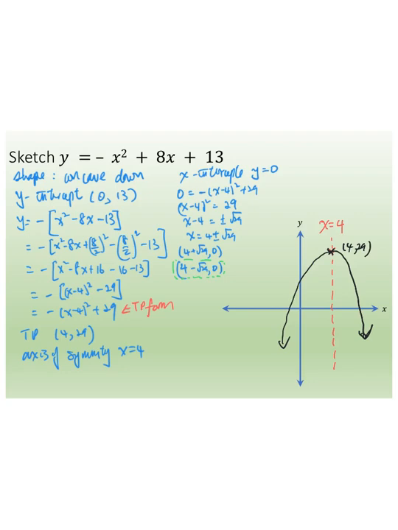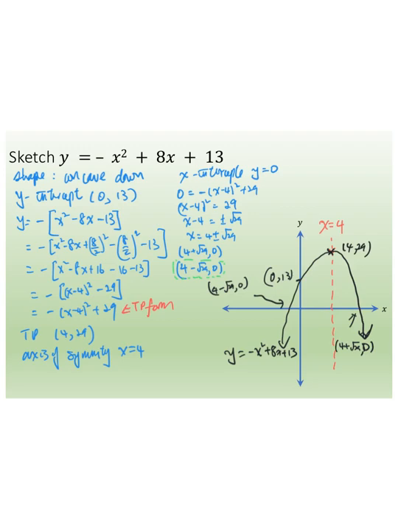So here would be (0, 13). This point here is (4 minus square root of 29, 0). And this point here is (4 plus square root of 29, 0). And the equation of the line is y equals minus x squared plus 8x plus 13.